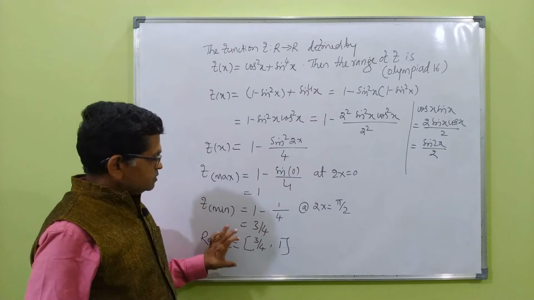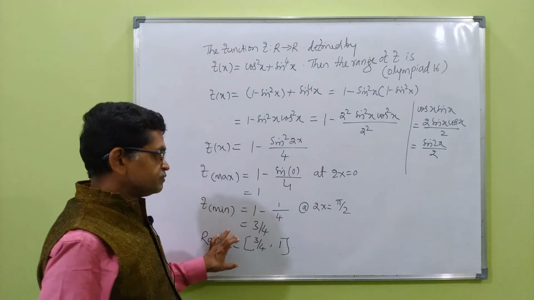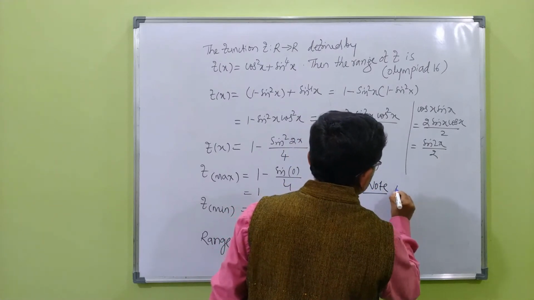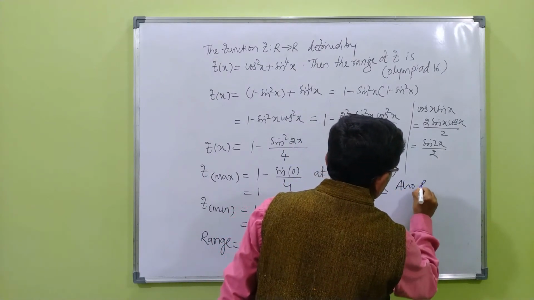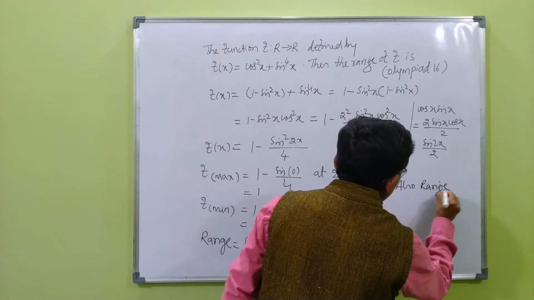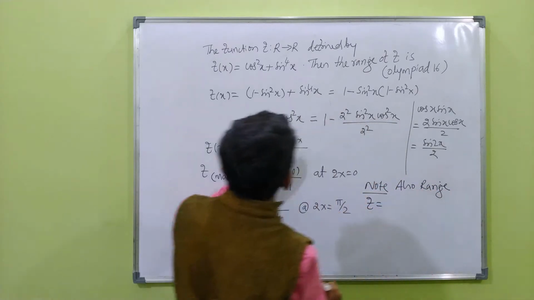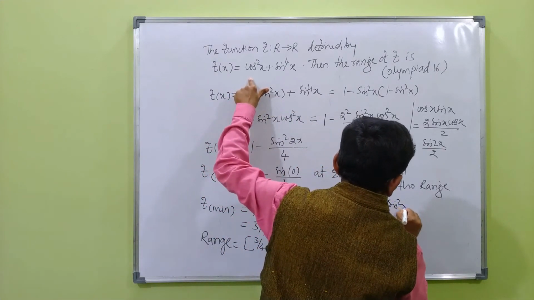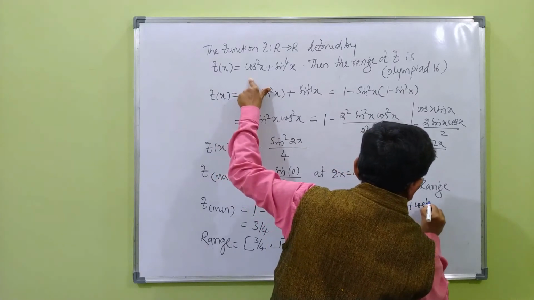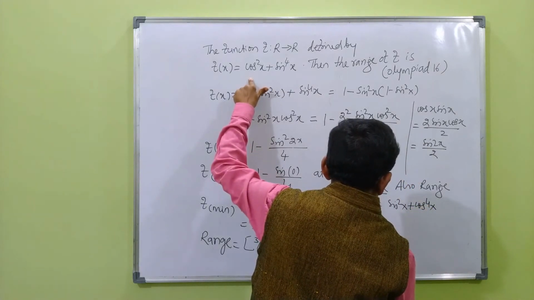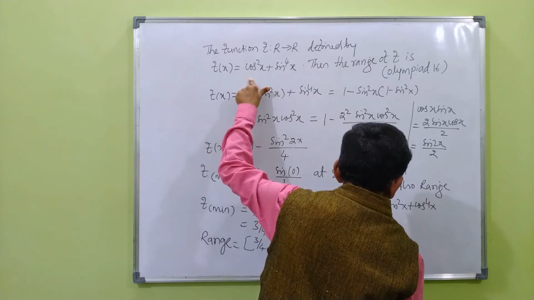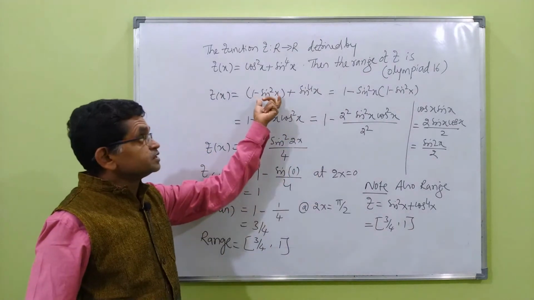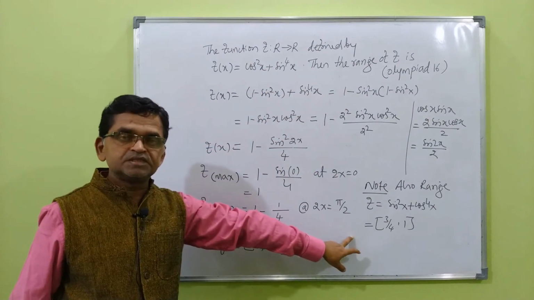See, this will also hold good for the range for f(x) equal to sin squared x plus cos to the power 4 x, which is equal to 3 by 4 and 1. So if this is reversed, then also the range remains the same.